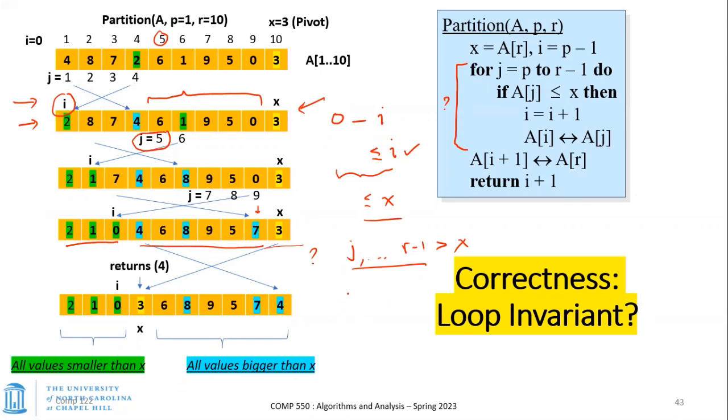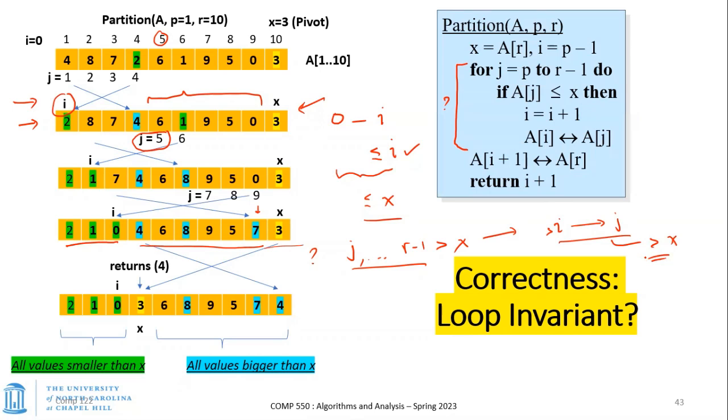Connor is suggesting that we modify Thomas's suggestion, and we say, well, instead of this, we're going to say everything between I and J, not including I, greater than I, up till J. Now that is going to be strictly greater than the pivot. Is that what you're saying?